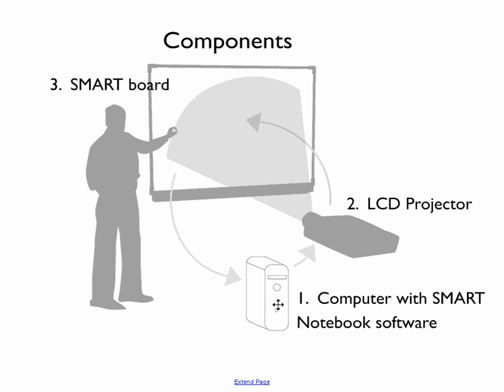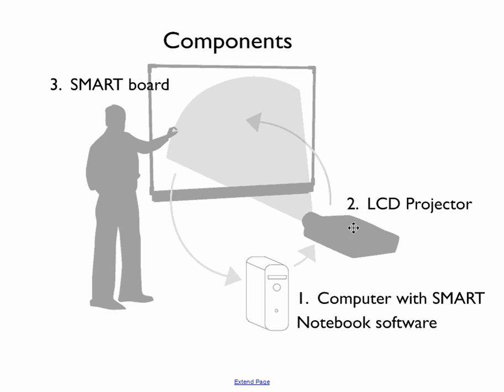Next, the computer is connected to the LCD projector with what's called a VGA cord. It's really wide, probably the biggest cord that you have connected in the back of your computer. And whatever's on the computer is now being displayed with the projector as opposed to your computer monitor.